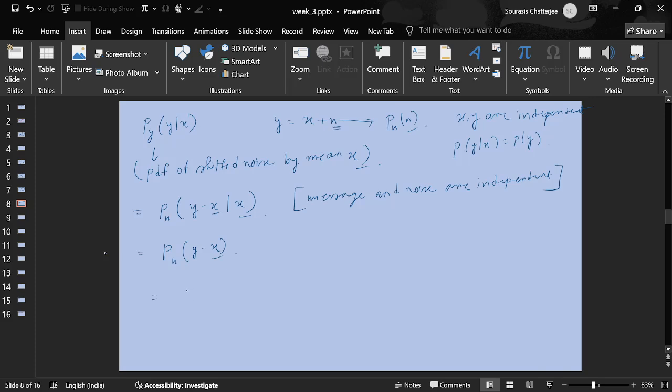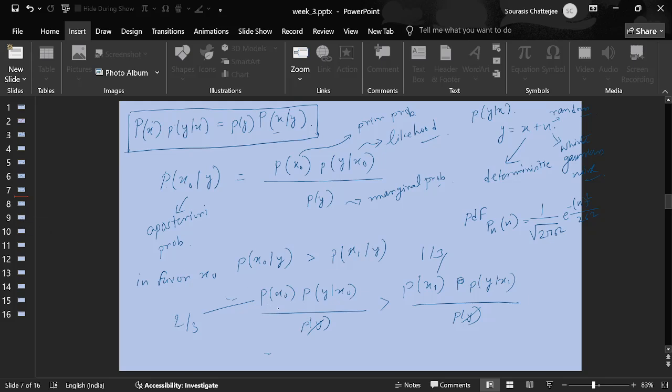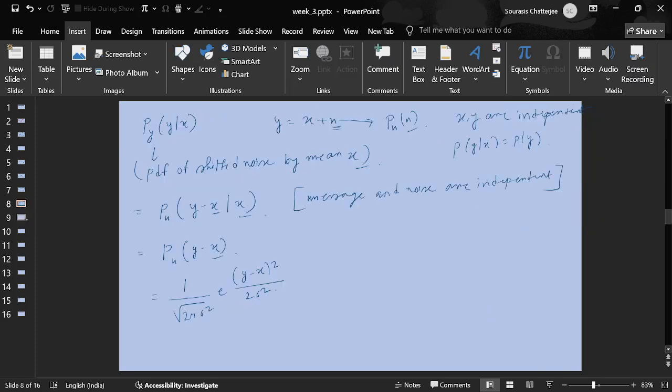So this probability is going to be 1 over root over 2 pi sigma square e to the power minus y minus x square divided by 2 sigma square. Now when I put this value in the equation, so that is p of x naught, p of y given x naught greater than p of x1, p of y given x1, I can replace these values here in place of likelihood.